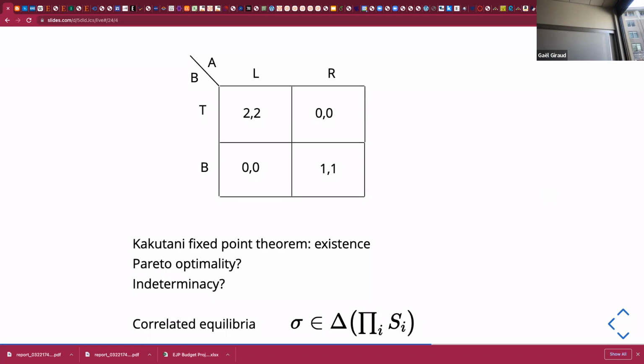Why? Because if you look at this very simple game, you have at least 2 pure Nash equilibria, even without mixed strategies, which is 2-2, and 1-1. If for whatever reason we agreed with Michael during lunch that we would play 1-1, nobody has an incentive to deviate from that. We cannot deviate from that. Okay, so it's a Nash equilibrium. It's a stupid Nash equilibrium because had we agreed on playing 2-2, everybody would be better off.